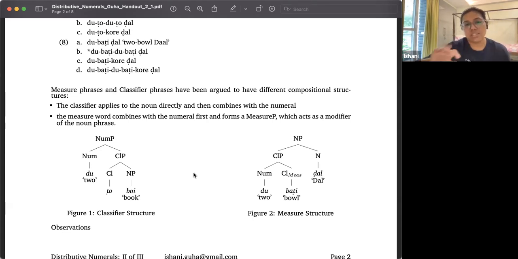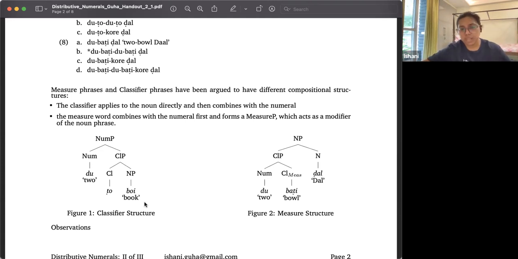So it gives a nicely partitioned denotation from the jumbled up, mass kind of denotation of "book". Then the numeral works on the result of the classifier selecting the atoms from the books, and thus you get the numeral phrase.